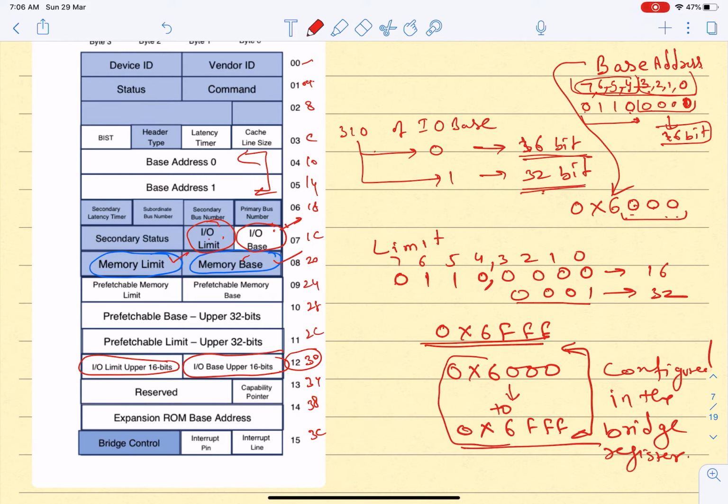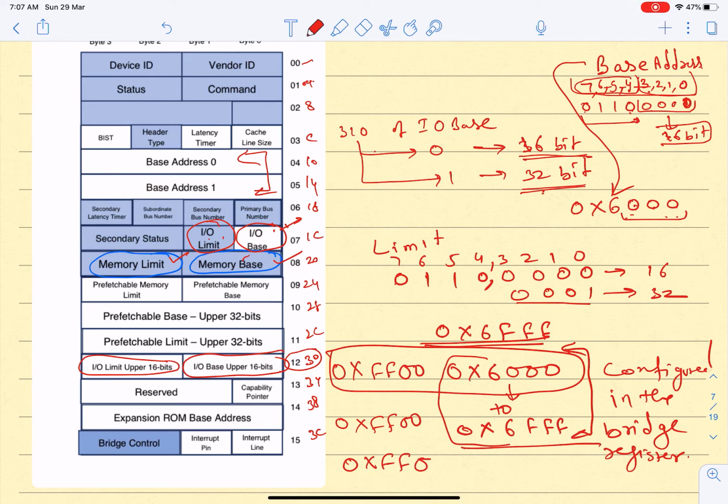If we want to make it 32-bit IO address space, then we need to write here, let's suppose that we are writing this, upper base and upper limit, then the combined address will become base 0xFF006000 to limit 0xFF006FFF.